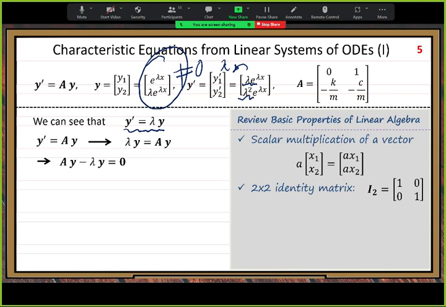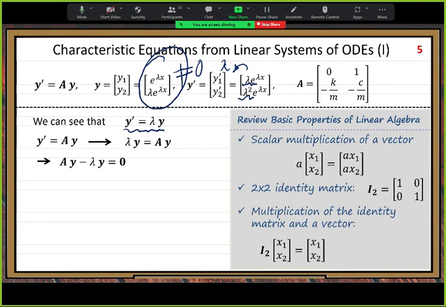The property is that the identity matrix multiplied by any vector gives the same vector. No change. Also, when you use the identity matrix to multiply another matrix, no change: I2 times A, a capital A matrix, gives the same A matrix.